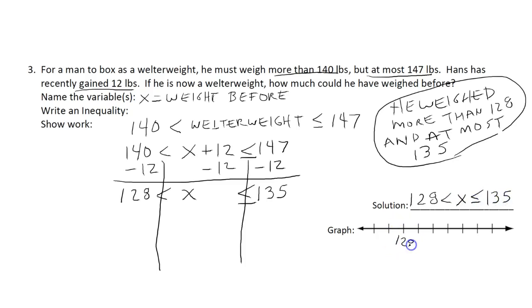To graph it, put a hollow circle at 128 and a solid circle at 135, and color in between these two numbers. So his weight in the past was somewhere between 128 and 135 pounds, but including 135 pounds, before he added 12 pounds and became a welterweight.